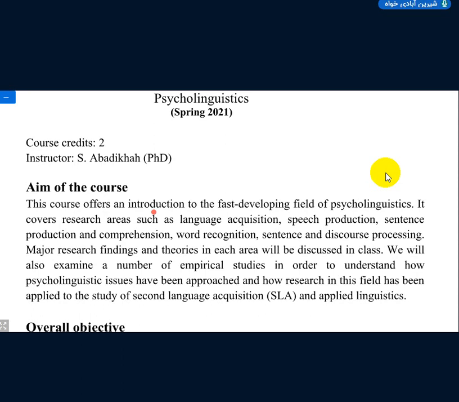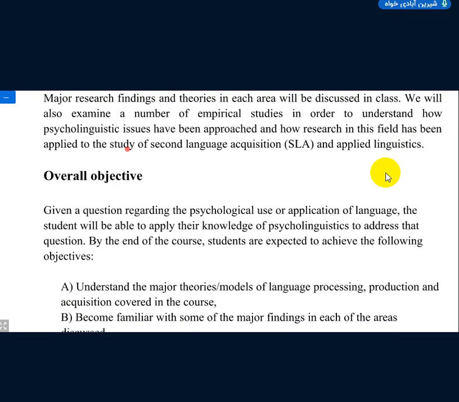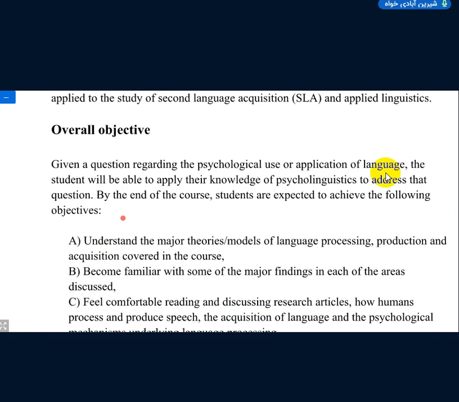We will also examine a number of empirical studies in order to understand how psycholinguistic issues have been approached and how research in this field has been applied to the study of second language acquisition and applied linguistics. We have an objective here.